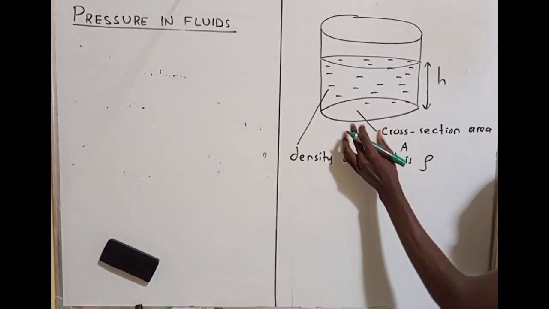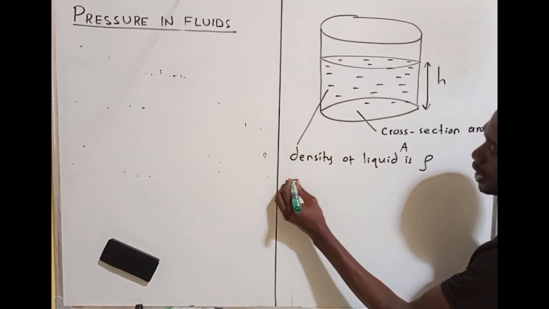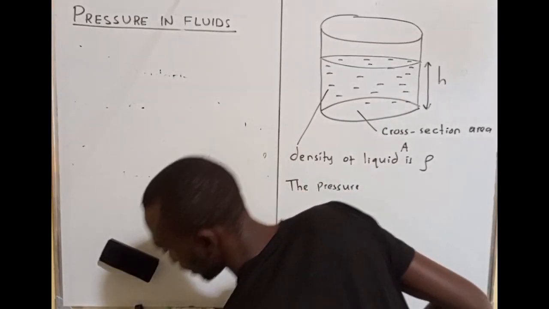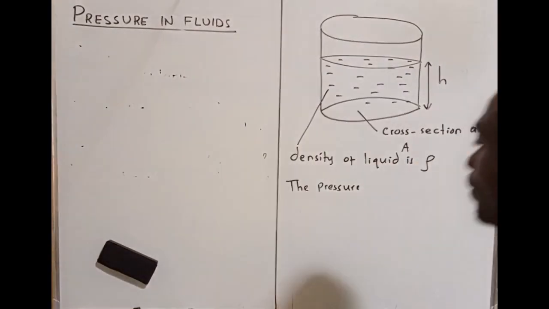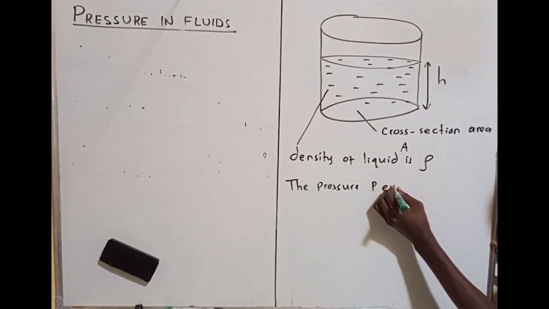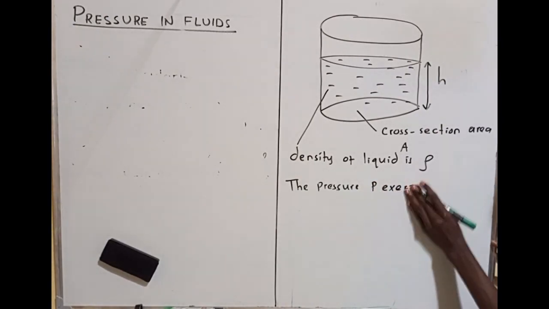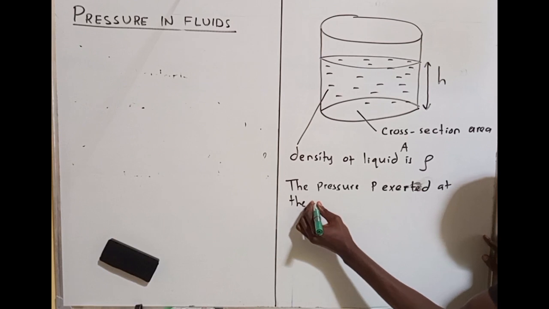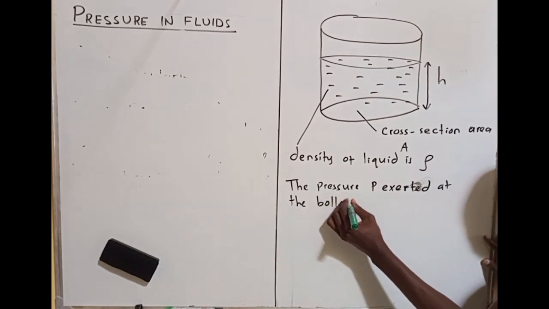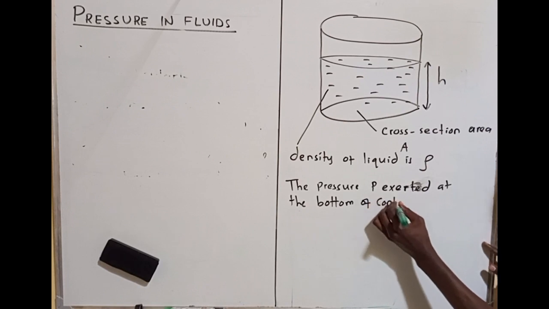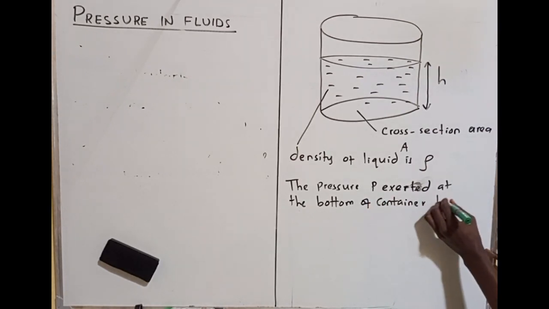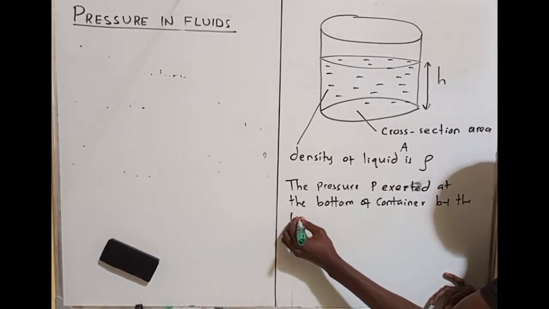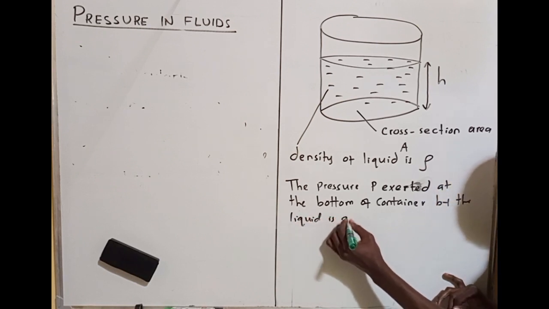The pressure P exerted at the bottom of the container by the liquid is given by the formula.